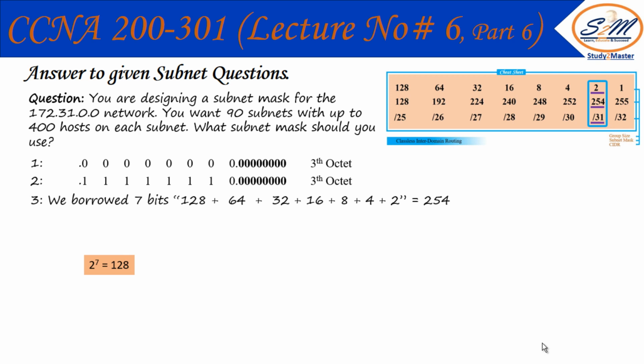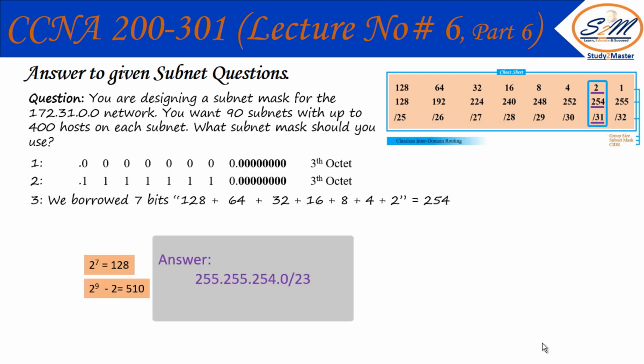The focal point in the given question is the hosts. We have to obtain 400 hosts on each network. So the next formula is 2 to the power of 9 minus 2, which is equal to 510 hosts in each network. But we just needed 400 of them. So the answer to the given question is that the subnet mask we use is 255.255.254.0/23. The CIDR /23 matches our requirement: 90 subnets and 400 hosts.